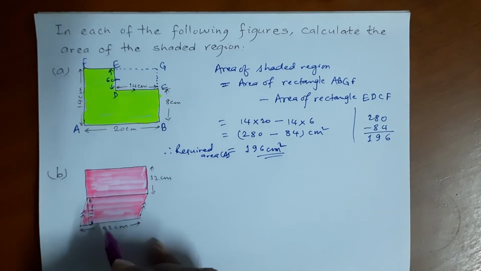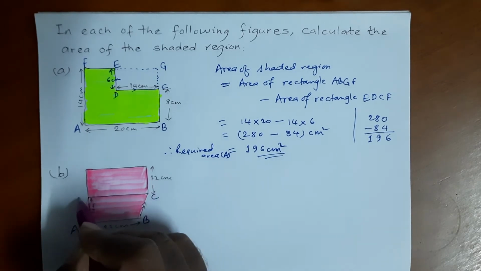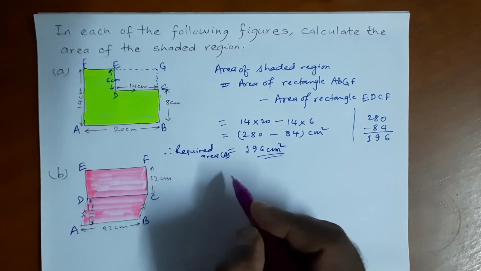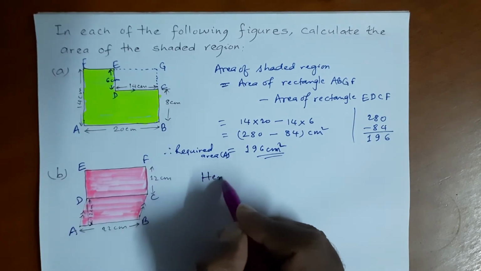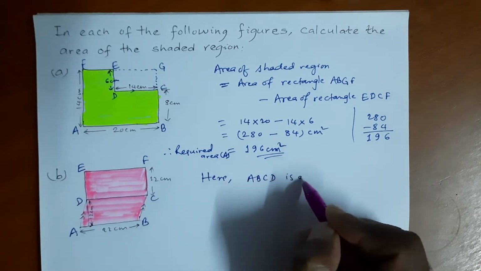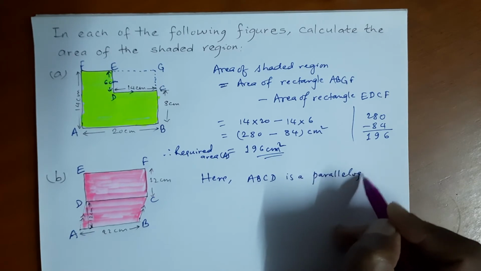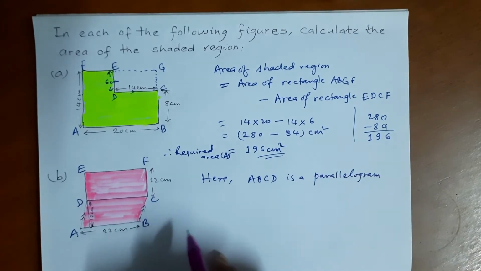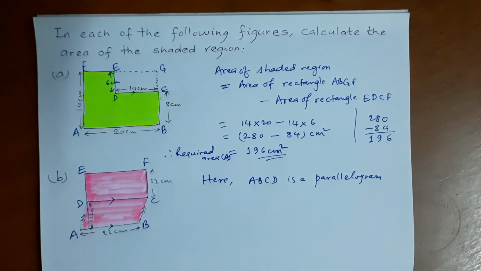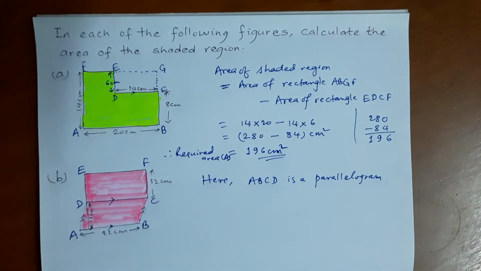So you can also name it here A, B, C, D, E, F. Here ABCD is a parallelogram, as its opposite sides are parallel.